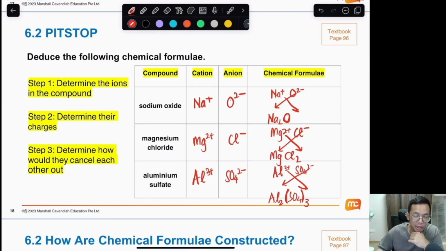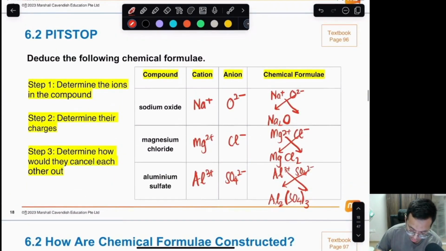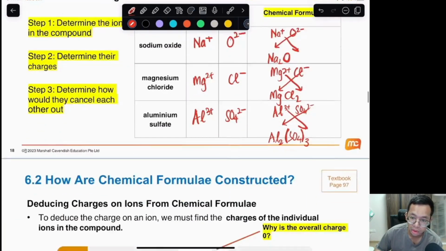Remember in your previous part 6.1, this 3 represents 3 sulfate ions as a whole. That should be quite easy enough, right? If not, you can pause the video here, watch again, and try to decipher it on your own.